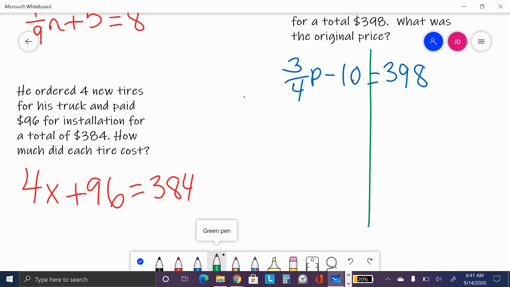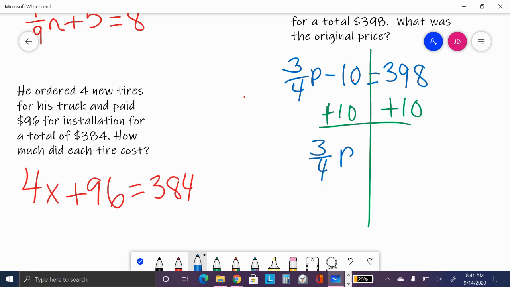All right, so we have a line down the equal sign. We want to get rid of any addition or subtraction first, so I add 10 to both sides. So I add the constant to both sides, and I get 3/4 P equals 408. Now, to get rid of a fraction, remember we multiply both sides by the reciprocal, the multiplicative inverse.